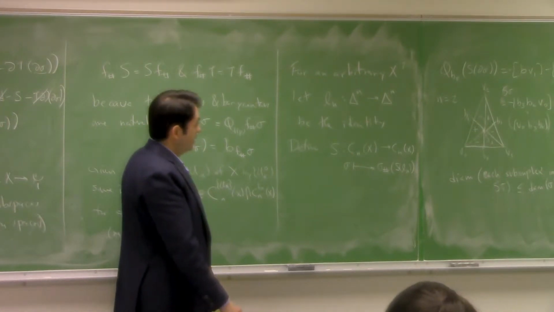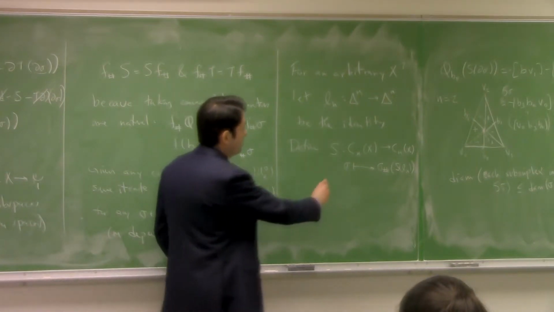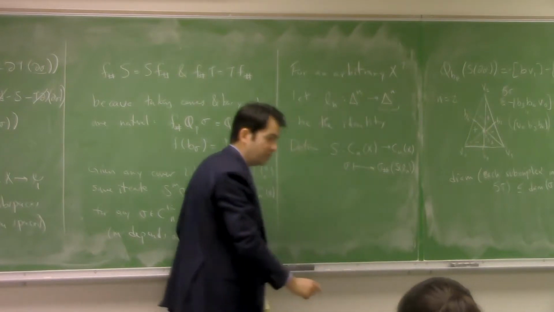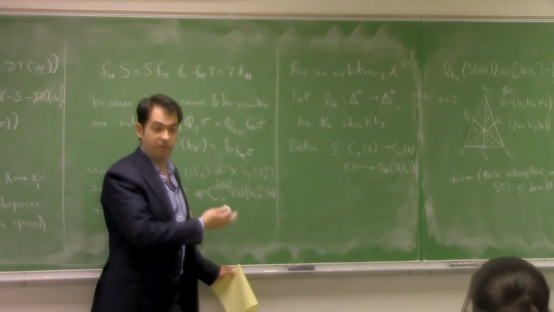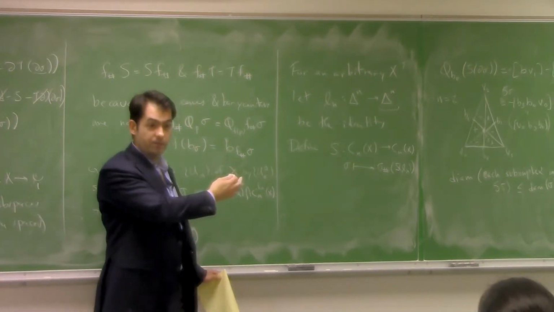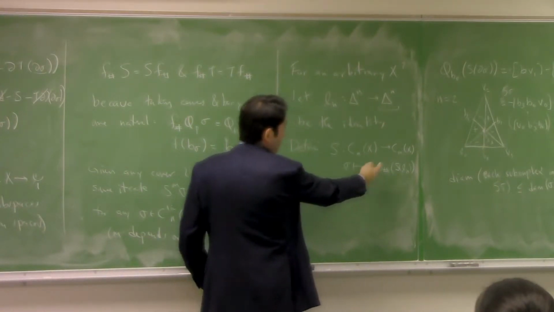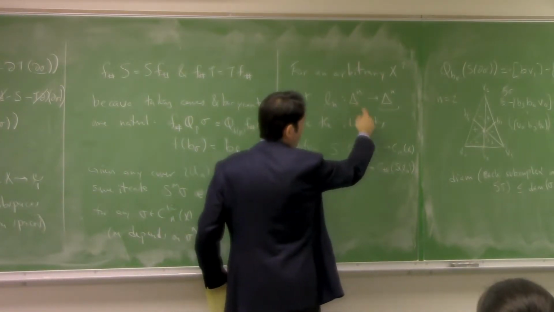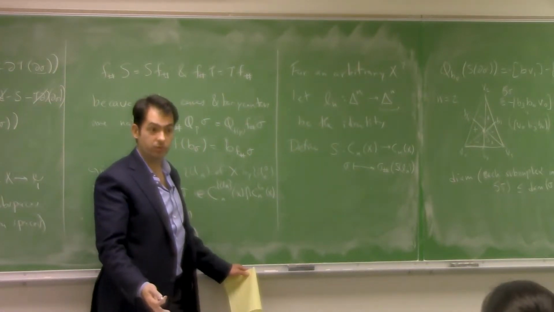So you do all of the subdivisions here. You think of delta n as a topological space itself. It is a convex subset of R^n, so you can do all of the things we've been doing there. Then you view sigma as a map from delta n to x, and it allows you to push forward chains along it.